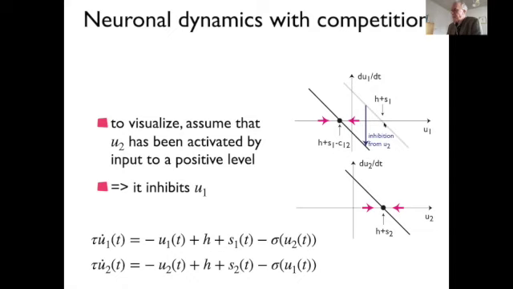And so the idea would be that the neuron number 1 dynamics would be this light gray line if neuron number 2 was off, was not providing any input. So just this part of the dynamics, right? And that will have a fixed point at U1 equals H plus S1. That will be this fixed point.